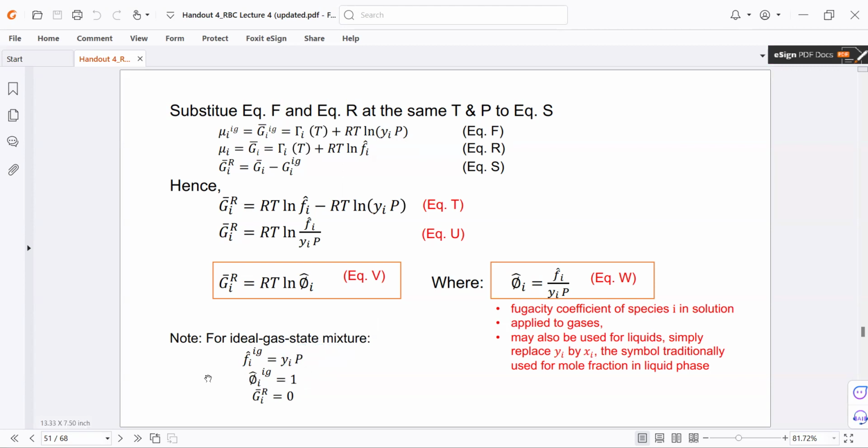And also for an ideal gas, the fugacity coefficient of the species in solution is just equal to 1. And for an ideal gas, of course, the residual property is 0 because there's no difference between this term and this term. So just an important note for the ideal gas mixture.